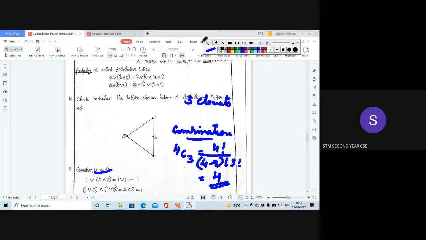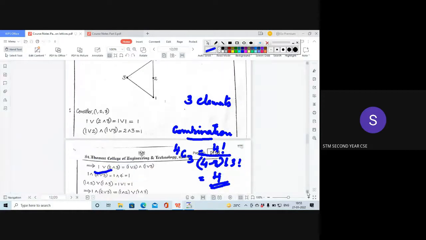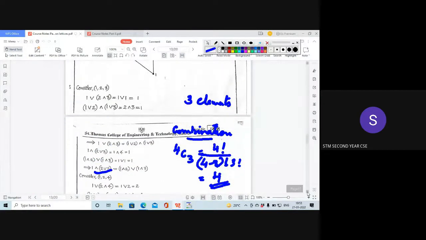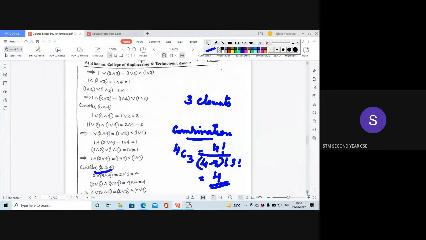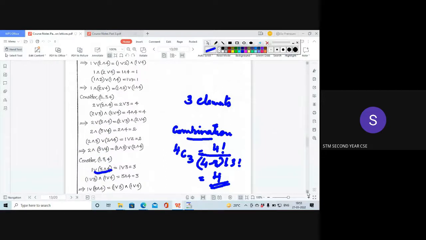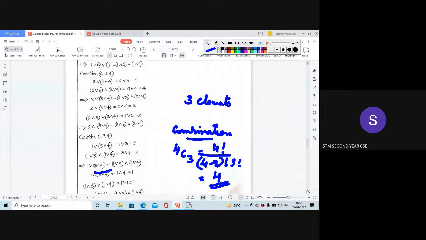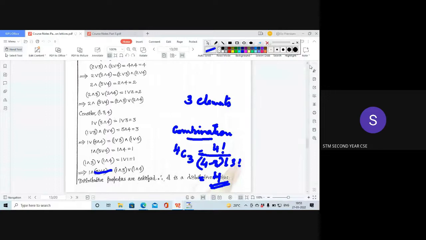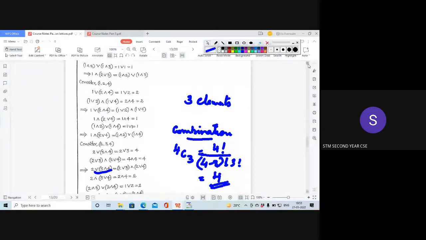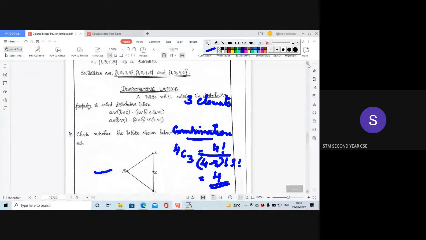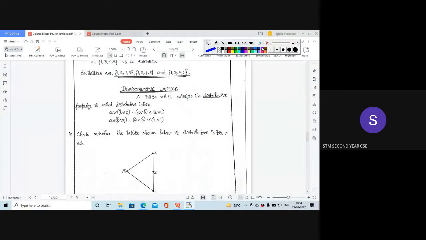Then the second combination is 1, 2, 4. The third combination is 2, 3, 4. And the fourth combination is 1, 3, 4. So these are the four possible combinations, and for all of them we have to check if it satisfies the distributive property.